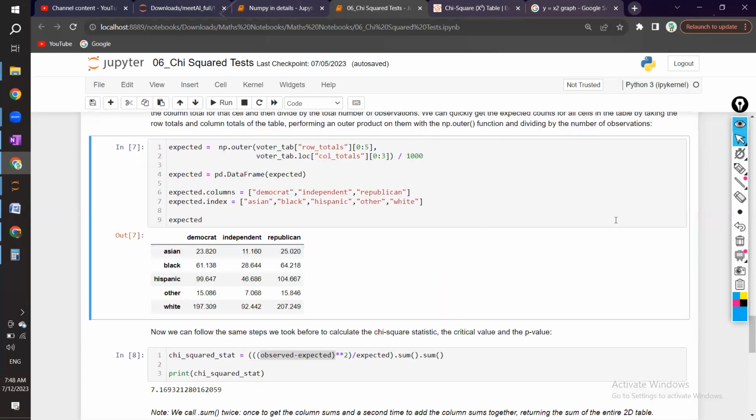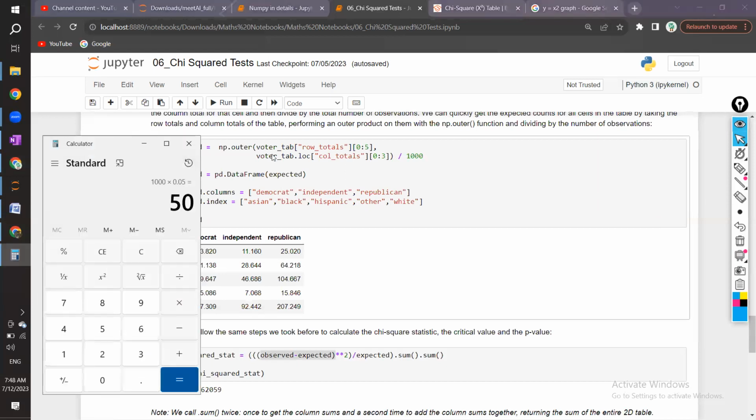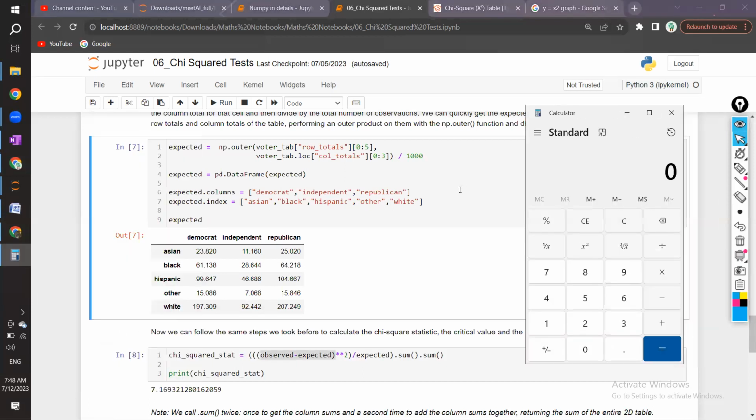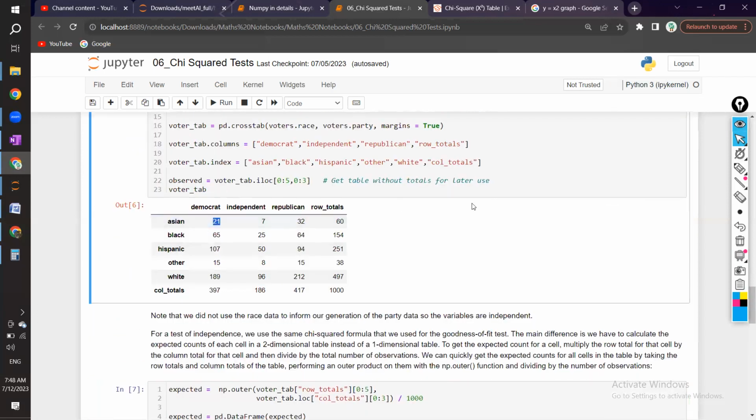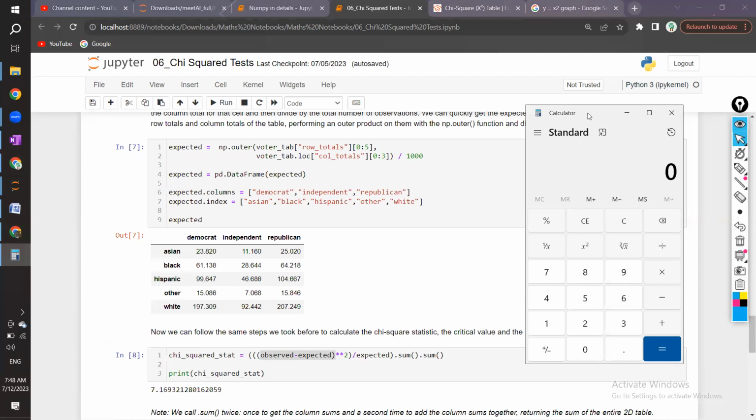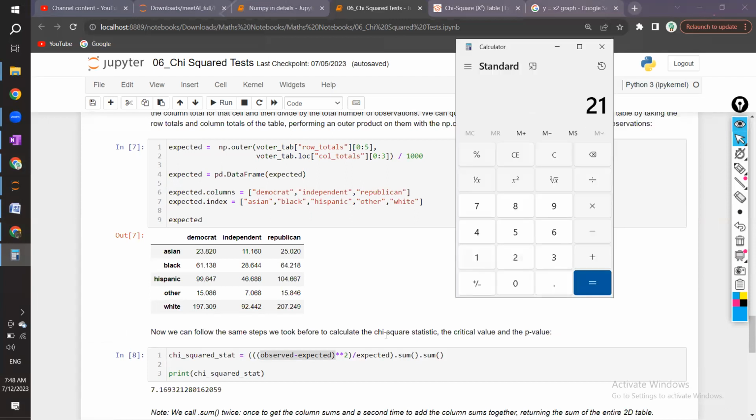So now let's quickly try to do it for this example. These are the expected values. What is the observed value for Asian Democratic? 21. Chi-square will always be positive, guys, because we are squaring, right? So 21 minus the expected, 23.820, into 2.82 by 2.82.